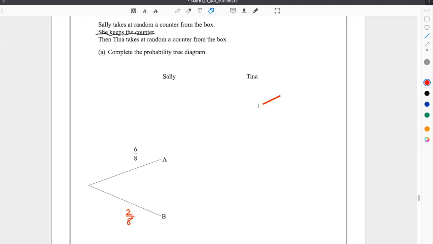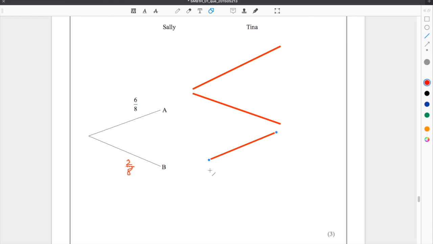Then we draw out the tree for Tina. And you would join these lines together, but I can't do that on this program, so there we go.